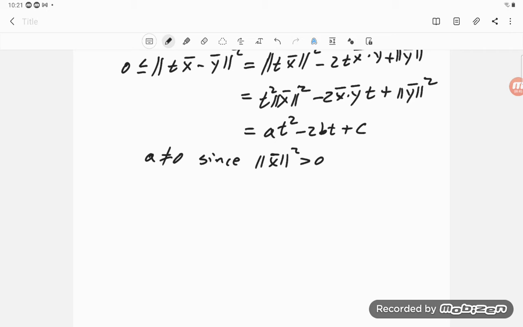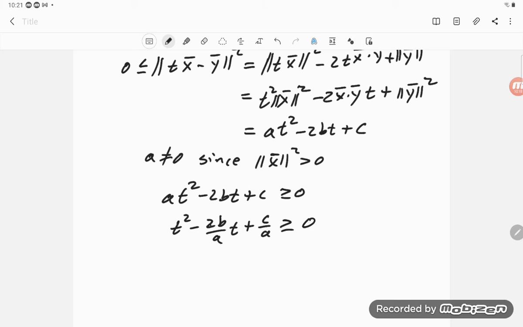And so now they factor out an a, and I think they divide by it at some point, but so they wrote that at squared minus 2bt plus c is greater than or equal to 0, but that means that t squared minus 2b over a t plus c over a is greater than or equal to 0.